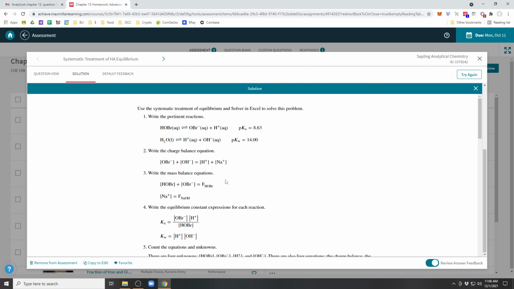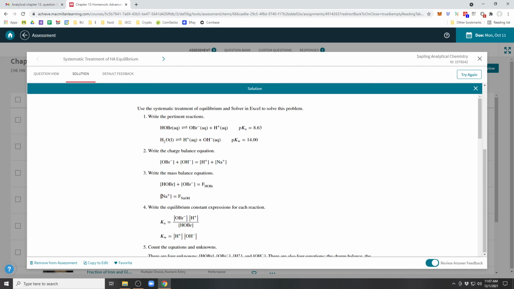The other thing is, every time you have a chemical formula, that indicates some sort of mass balance. So for example, the only source of sodium in your solution, so the only source of the concentration of sodium, has to be that formal concentration of NaOH. So whatever the formal concentration of NaOH is, that would be composed of the different forms of sodium in your solution.